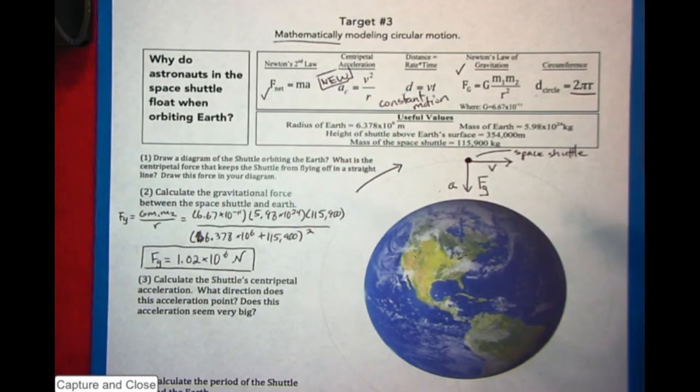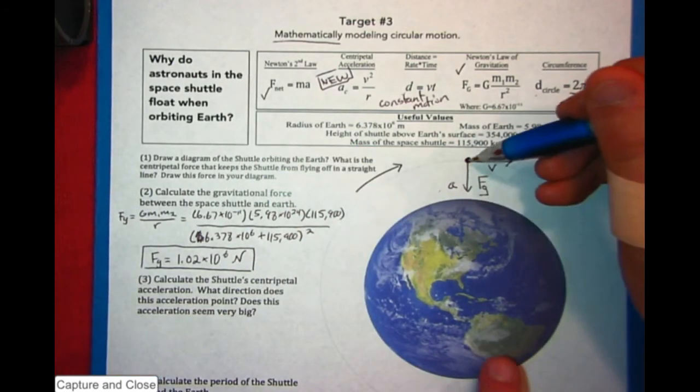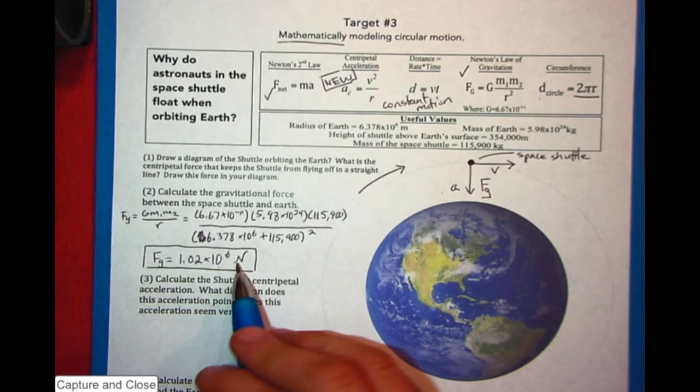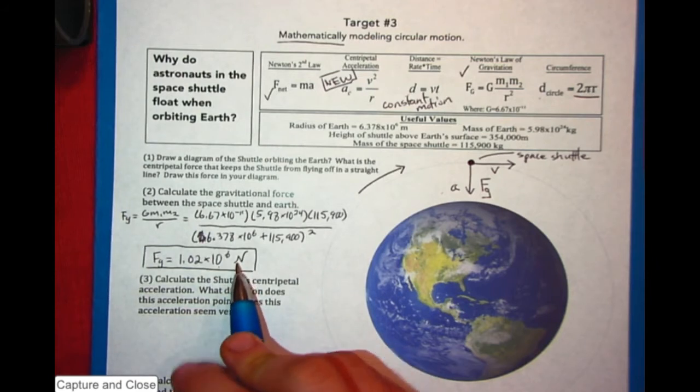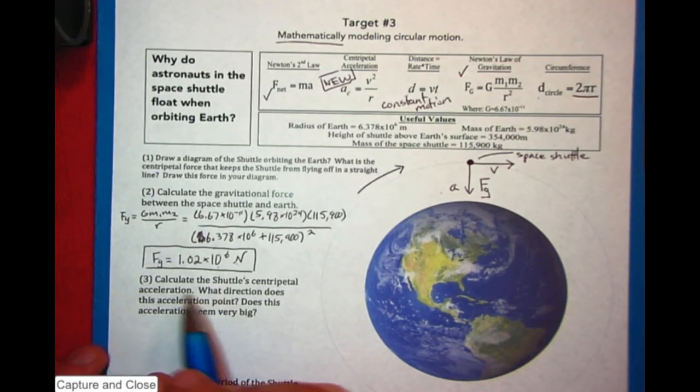To help us answer our driving question, we first need to calculate our force of gravity between the space shuttle and the Earth. We already calculated that in class, and we got about 1.02 times 10 to the 6 newtons. Essentially, that's really close to 1 million newtons. Next, it asks, calculate the shuttle's centripetal acceleration.